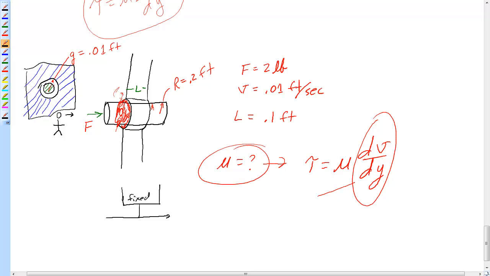So we see a velocity distribution that looks somewhat like this. This time, y goes this way, away from the fixed location, out towards the bolt.